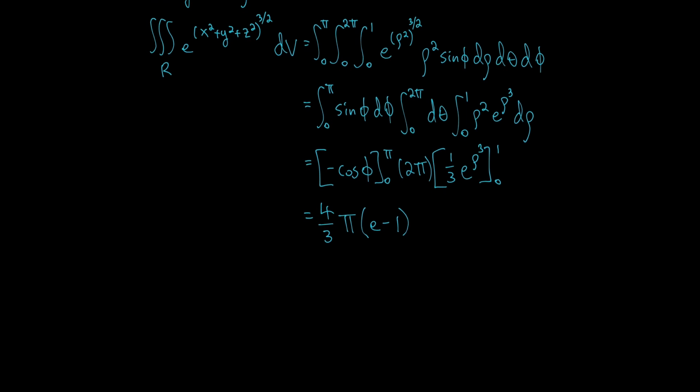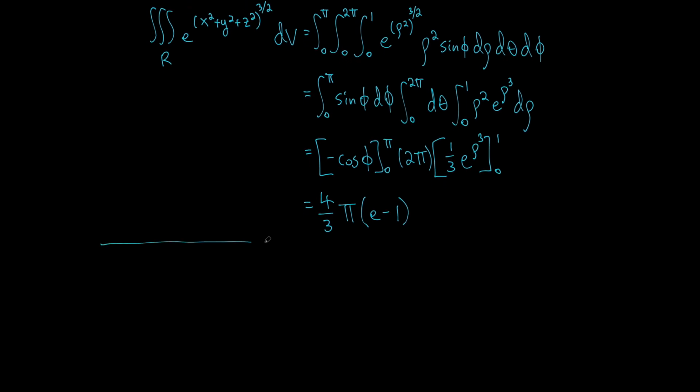Notice that if you had wanted to write this using rectangular coordinates, then this integral would have been the integral from −1 to 1, from minus the square root of 1 − x² to the square root of 1 − x².